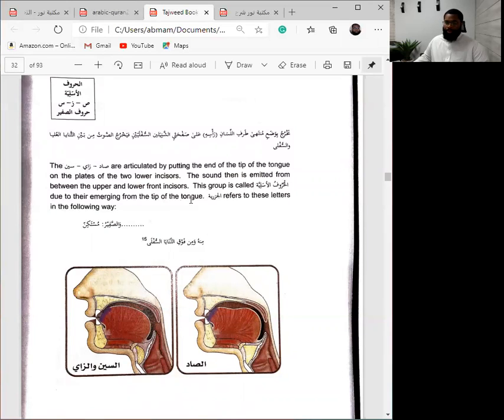The sound is emitted from between the upper and lower front incisors, so the sound comes between the teeth, with the tip of the tongue lightly placed on the bottom incisors. So it's kind of like a whistling sound. That's with Sad, Zai, and Sin.